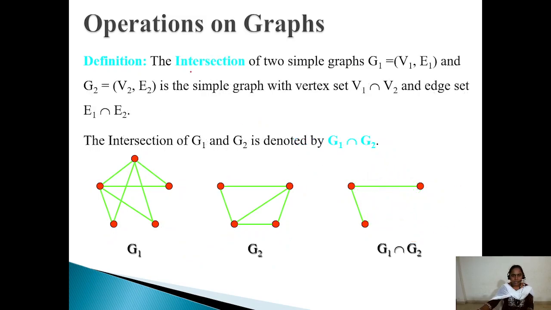Next, what is intersection? Intersection means taking the common part of one graph and the second graph.